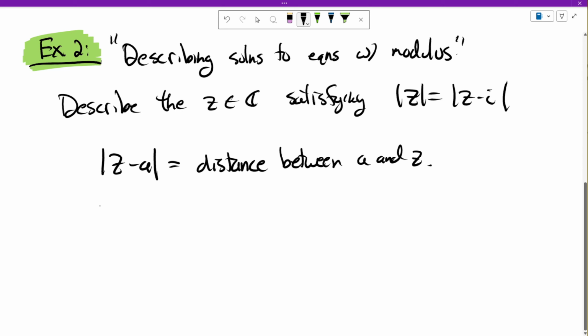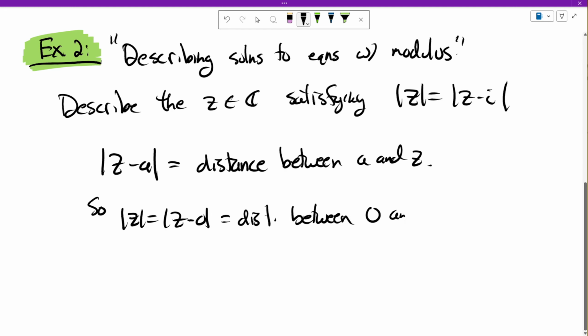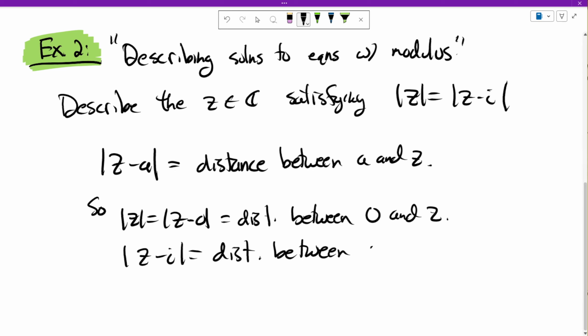So with that in mind, z we can think of as z minus 0. This is the distance between 0 and z. And z minus i we can think about as the distance between i and z.